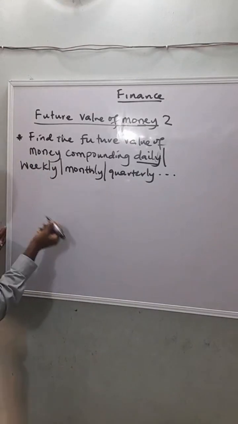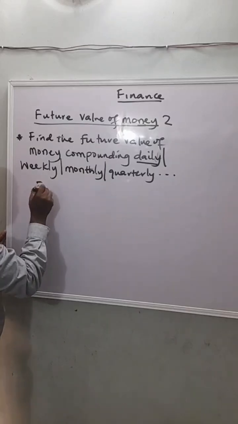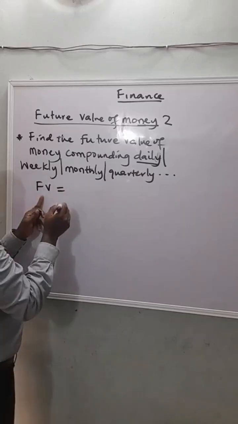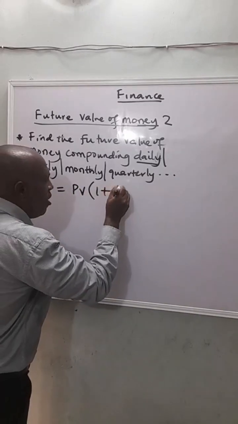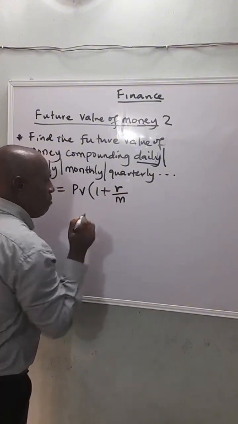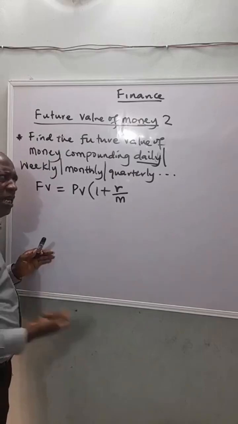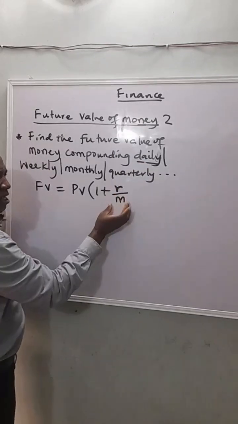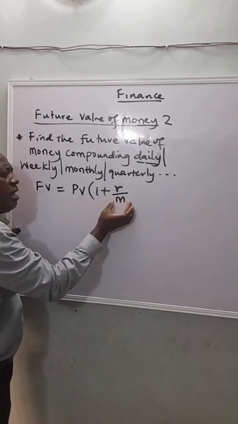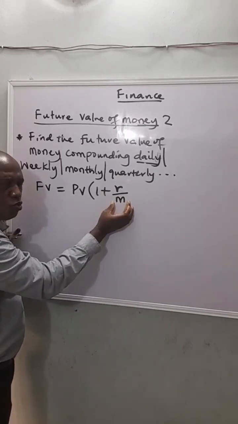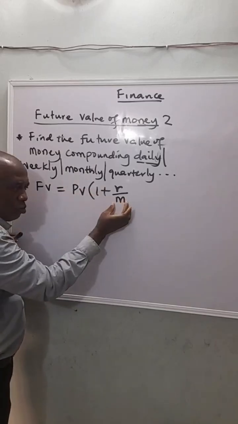Examination questions can come this way. The formula we're going to use is future value is equal to present value into 1 plus R, only this R will be divided by M, and raised to the power of N times M. M is the number of times the interest will be paid in a year. If daily, M will be 365. If weekly, M will be 52. If monthly, M will be 12.